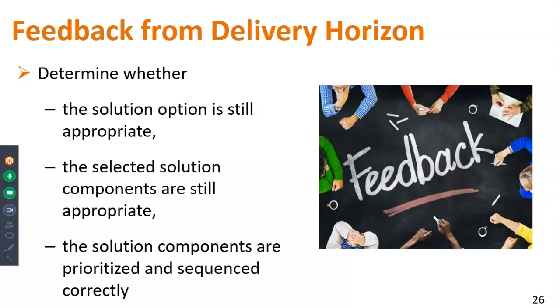So we're going to be determining whether our solution is still appropriate based on what we've done, what we've produced, whether the things that we're working on are still appropriate, and whether we have the appropriate sequence and prioritization of the smaller pieces that we're going to be working on in the delivery horizon.